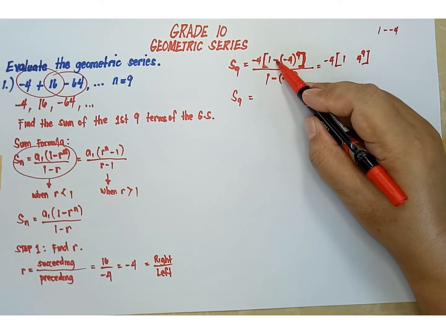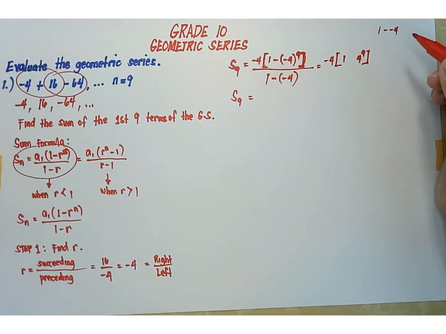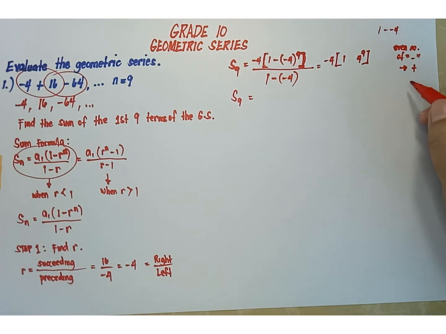9 plus 1, 10. If the number of negative signs is even number of negative, ang final sign mo is positive.